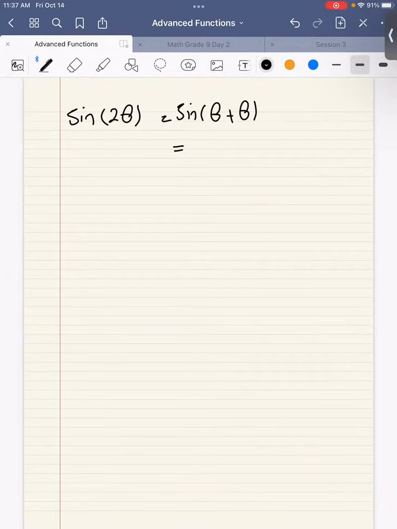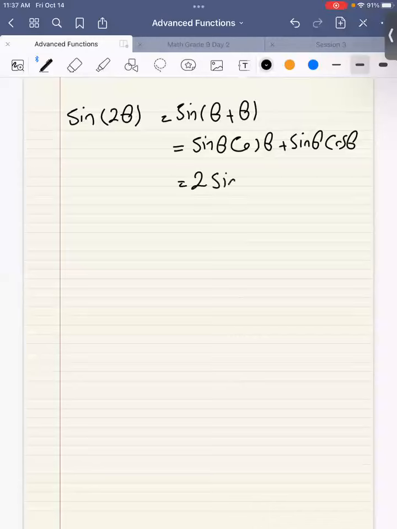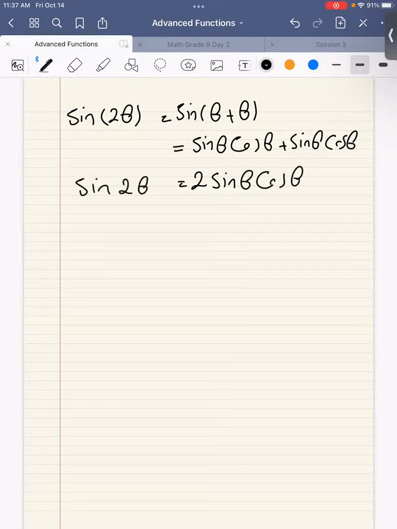Exactly. Because it's sine theta cosine theta plus again sine theta cosine theta, so it's 2 times sine theta cosine theta. Right?